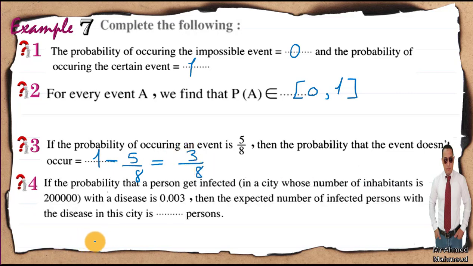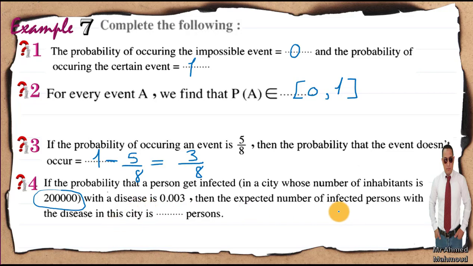The probability that a person gets infected in a city whose number of inhabitants is 200,000 with a disease is 0.003, then the expected number of infected persons with disease in this city. Okay, now the total number in this city is 200,000, and the probability of the infected is 0.003.